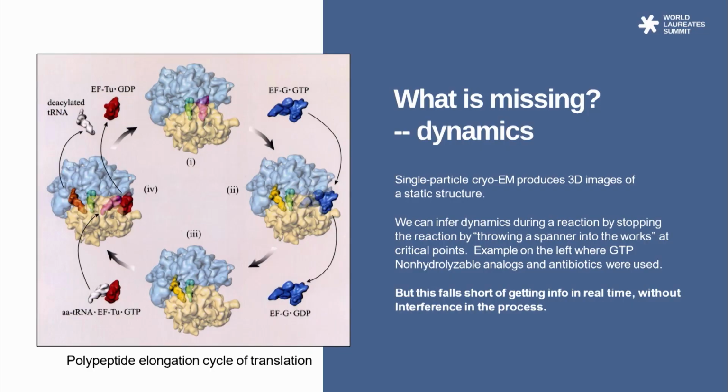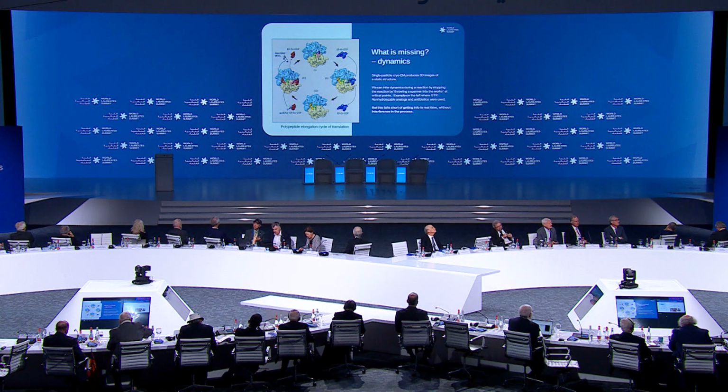introduce. And this is an example here from the early times when we wanted to know how the ribosome makes proteins. So we were able in 1998 to put together the entire workflow of the elongation cycle.